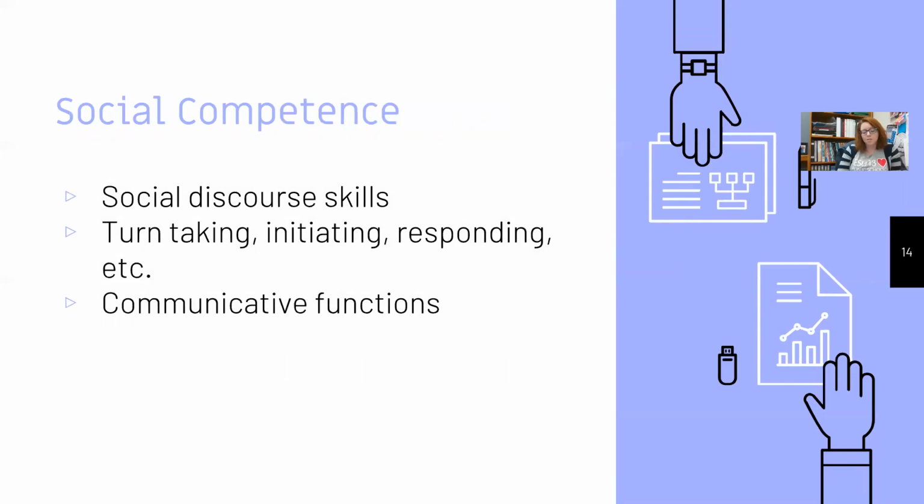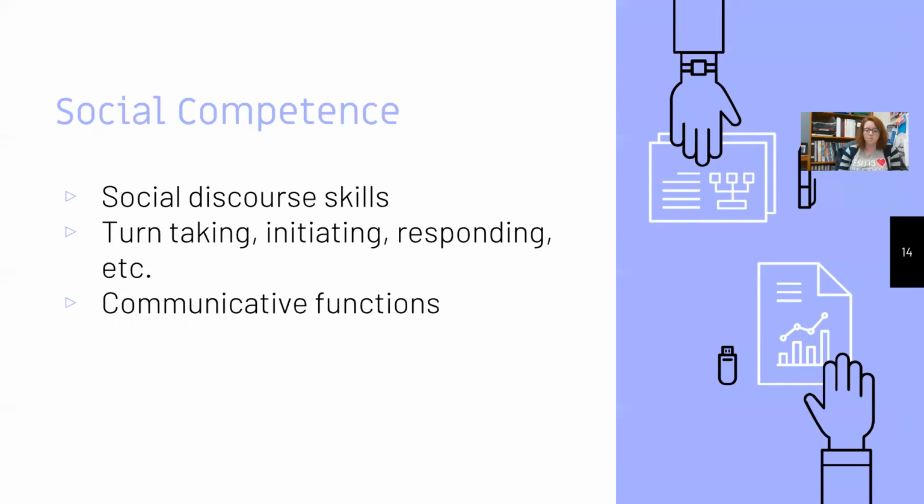Social competence refers to the social skills of interacting with people, of having conversations. So those are things like taking turns, initiating communication, responding to communication, and all of those different functions of communication. So can they ask questions? Can they make comments? Can they give additional information?